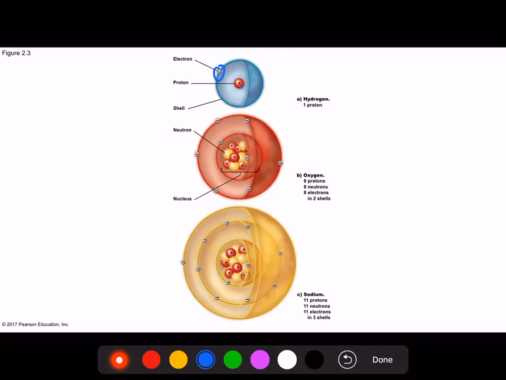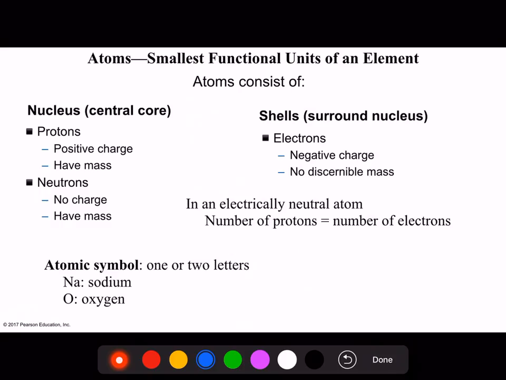And also, we said usually in most of the cases, the number of electrons would equal the number of protons. This is the summary of what we talked about in the first part. And I need you to understand that there are atomic symbols.